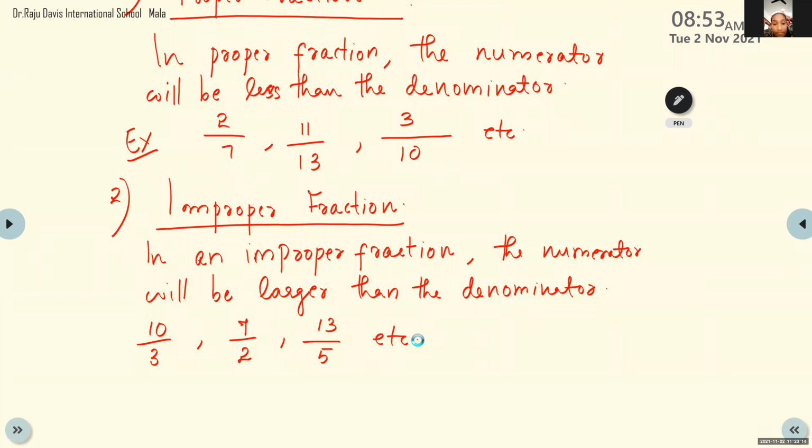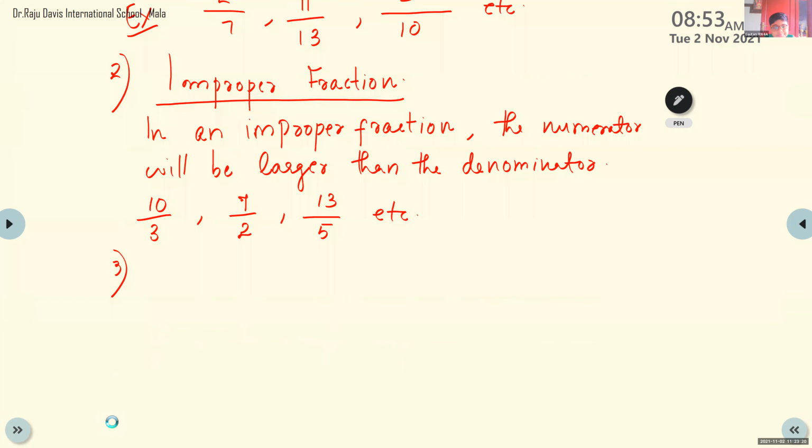And the third one is mixed fraction. Can you tell what is a mixed fraction?